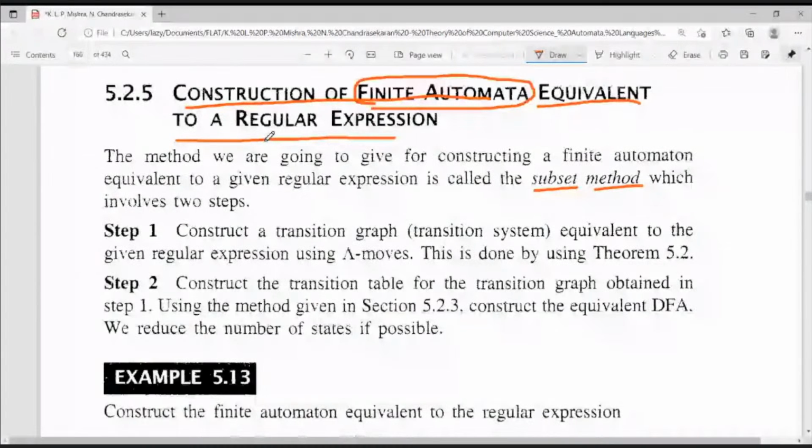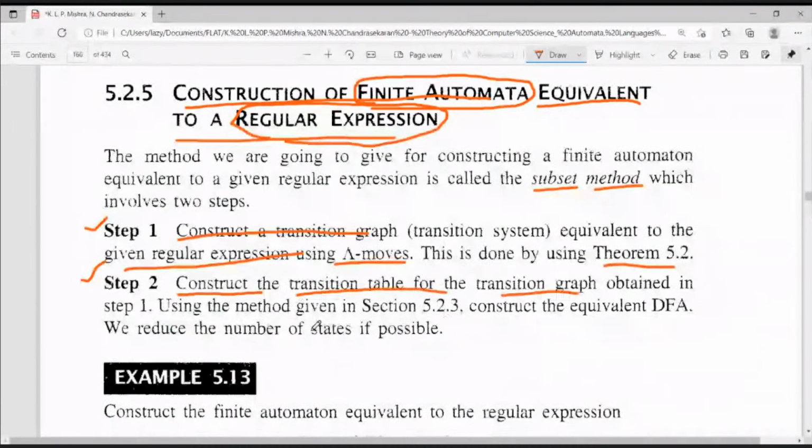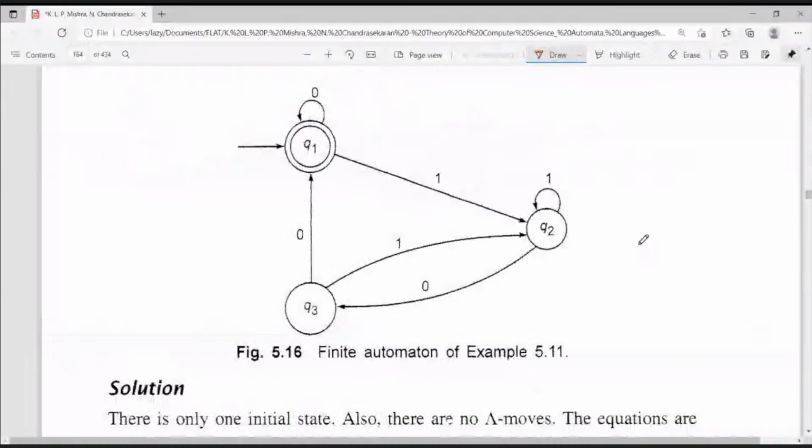There are two steps involved. First, construct a transition graph equivalent to the given regular expression using empty moves. This is done by theorem 5.2, that is the Erdős theorem. Second, construct the transition table for the transition graph obtained in step one. Okay, so let us see what theorem 5.2 is so that we can be sure what we are doing.